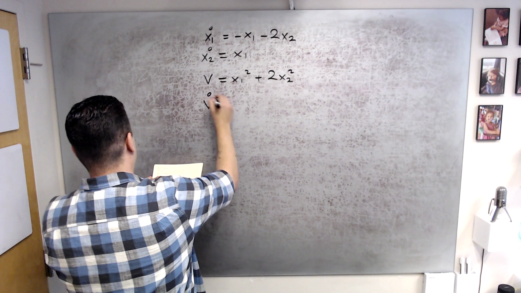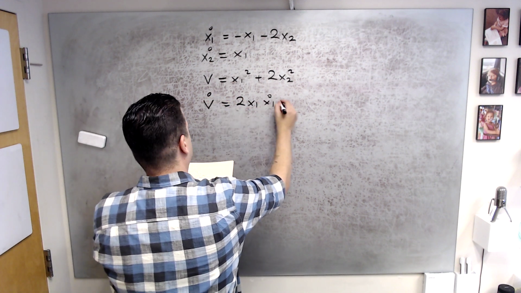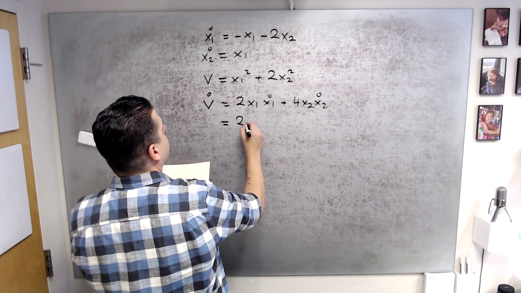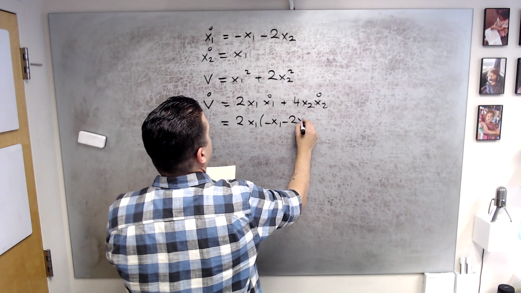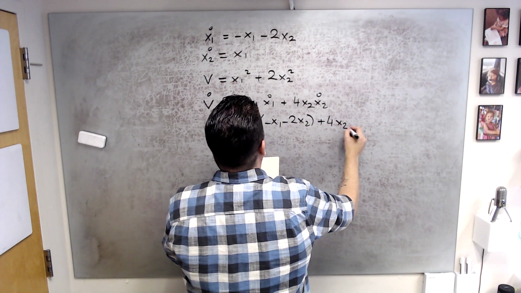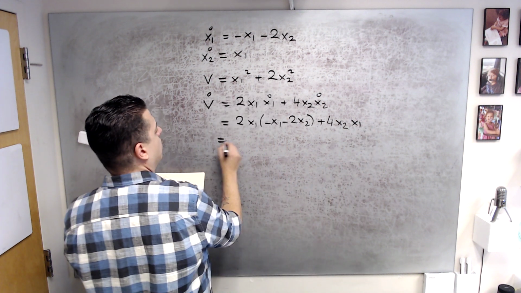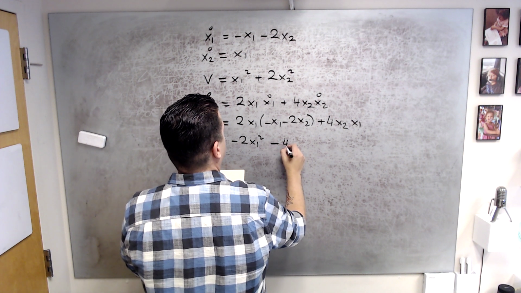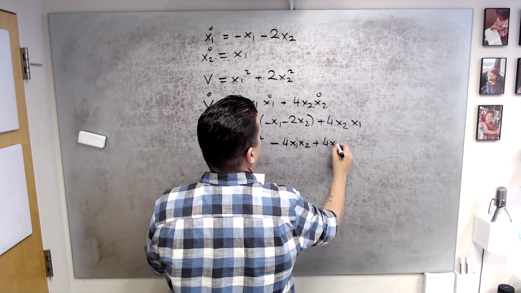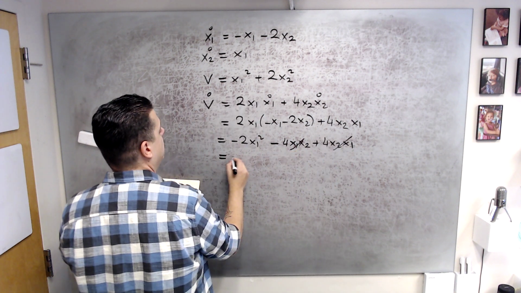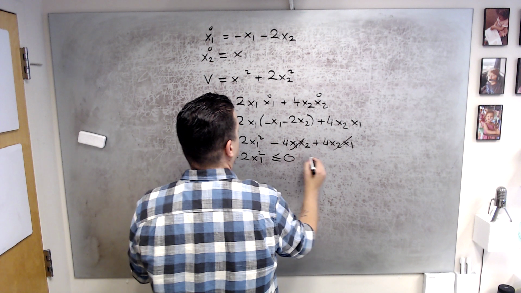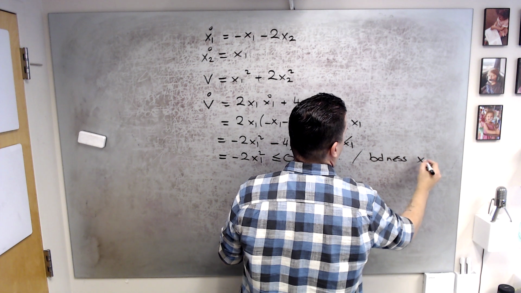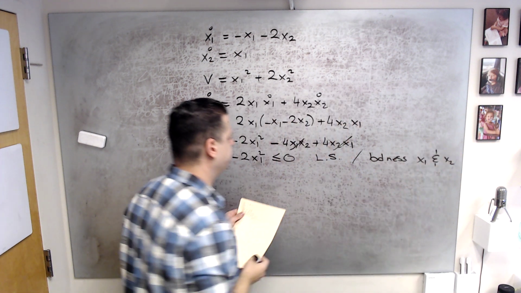And v dot is basically 2x1 x1 dot plus 4x2 x2 dot. Inserting equations here, 2x1 times minus x1 minus 2x2 plus 4x2 x1, which is minus 2x1 to the power of 2 minus 4x1 x2 plus 4x2 x1. They cancel out. We only end up having minus 2x1 to the power of 2. So we have Lyapunov stability, or boundedness of x1 and x2.